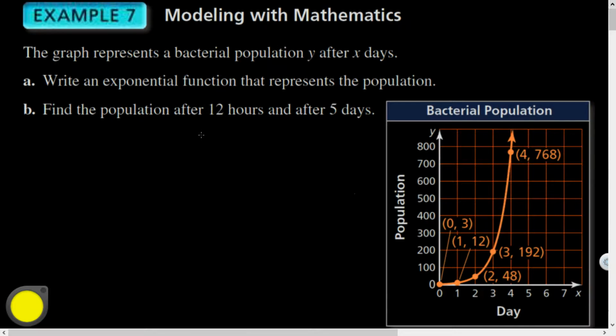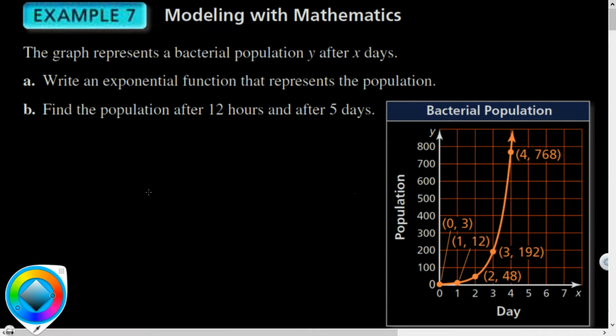Okay, so here's what it says. Write an exponential function that represents the population. Okay, so for part A, we've got this graph here. We've got our data. We've got a line drawn. But what if I want an equation that represents the population Y after X days?